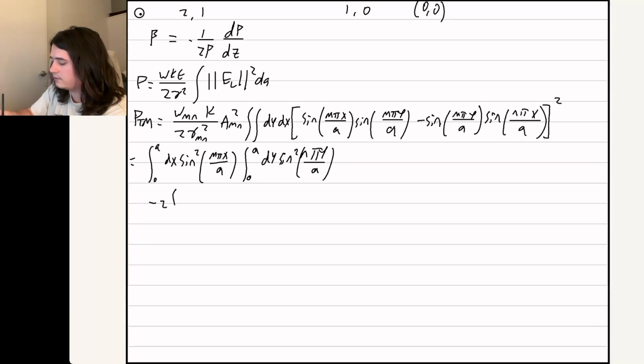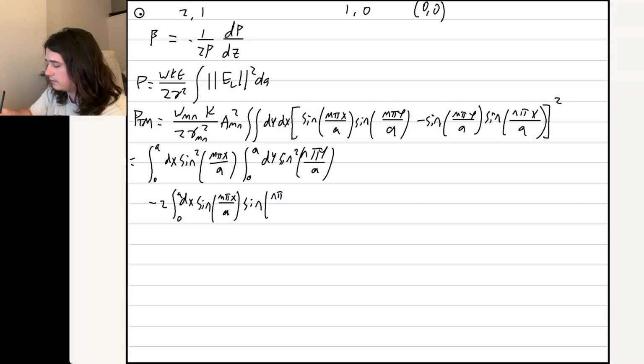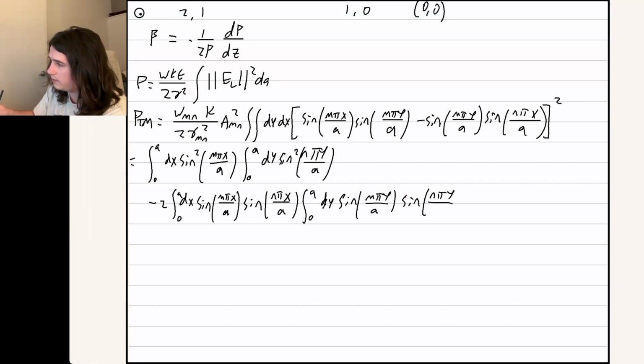You're going to have minus 2. These are the cross term integrals, so this is going to be dx sine m pi x over a sine n pi x over a, and then the integral from 0 to a dy of sine m pi y over a and then sine n pi y over a.